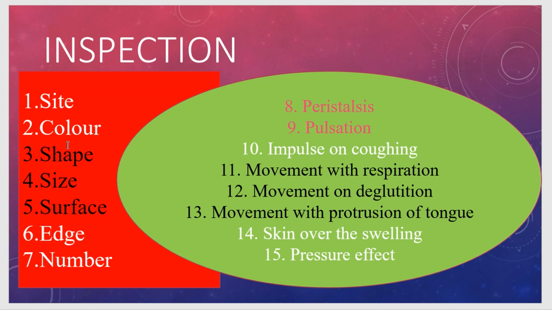Just try to remember the headings like this. I have tried to make it easier for you. First of all, the site of the swelling. Just focus on the first two things, the site and the color of the swelling. Right? Site and color. After that, remember 3S: the shape, size, and surface of the swelling.